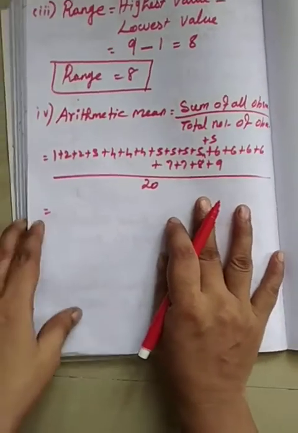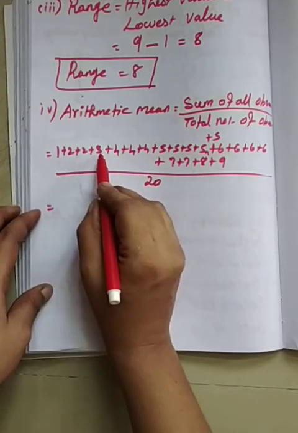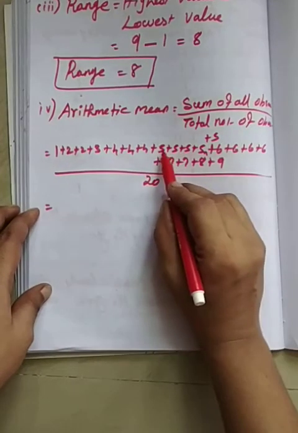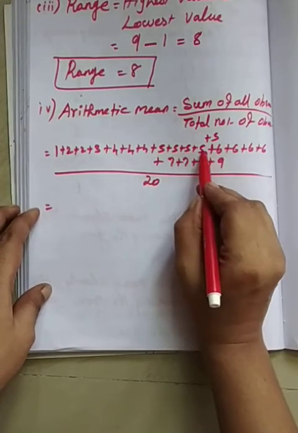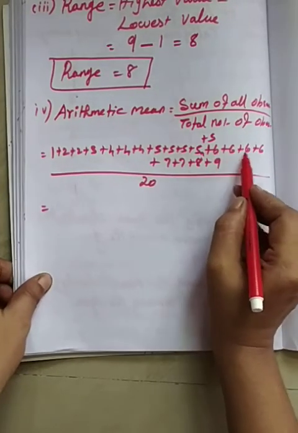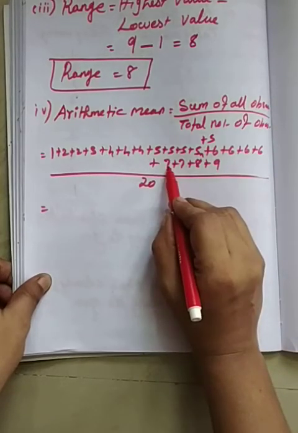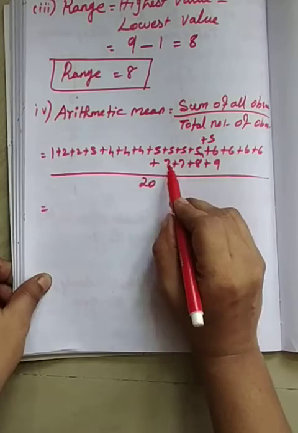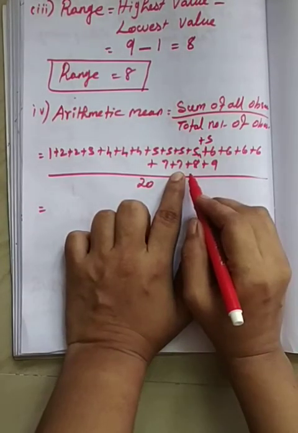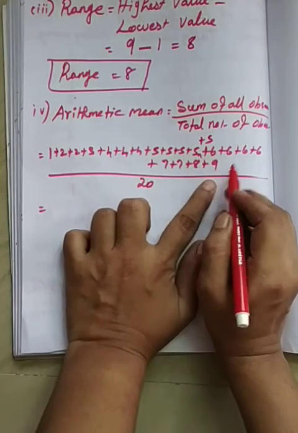Now you can add all those values. See, what is that? 1 plus 2, 3, 5, 8, 12, 16, 20, 30, 40, 45, 51, 57, 63, 69, 76, 83, 91, 100.